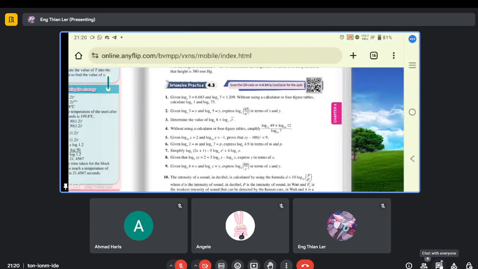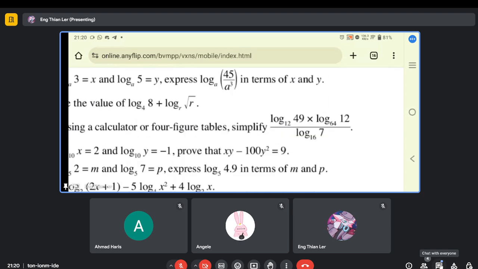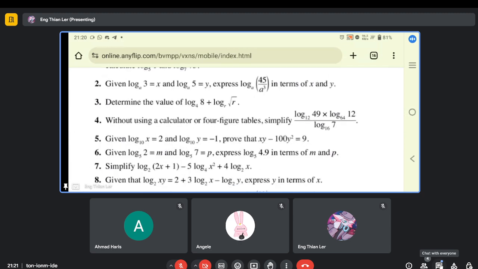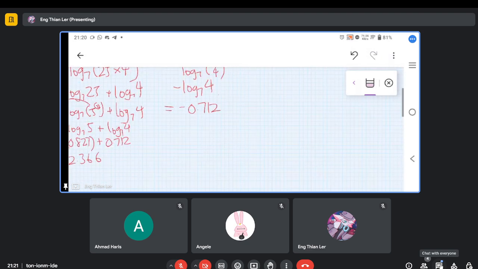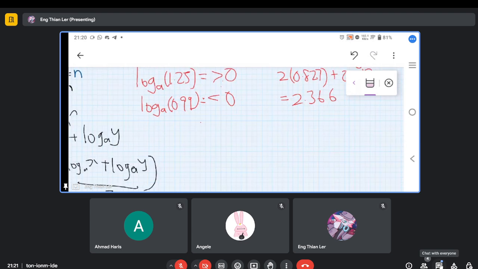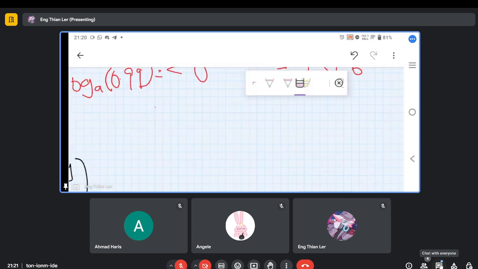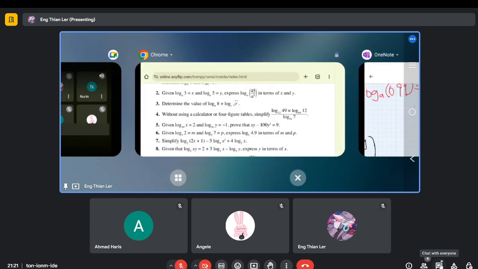Without a four-figure table, simplify this log.